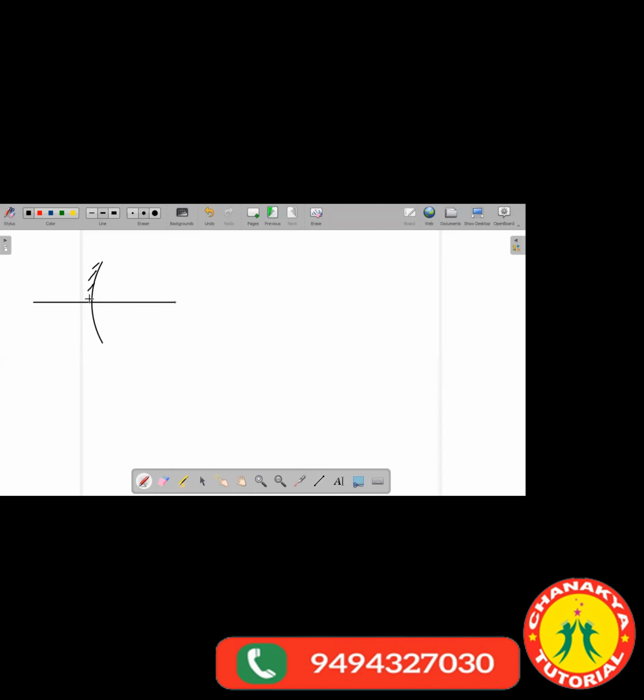So for this concave mirror, should the focal length be positive or negative? Negative. Still the focal length will be negative. Still you will find that the measurement is opposite to the direction of light. So we will get F to be negative, and radius of curvature as negative, since the direction of incident light is like this.